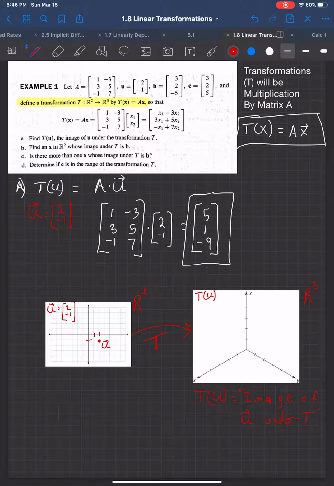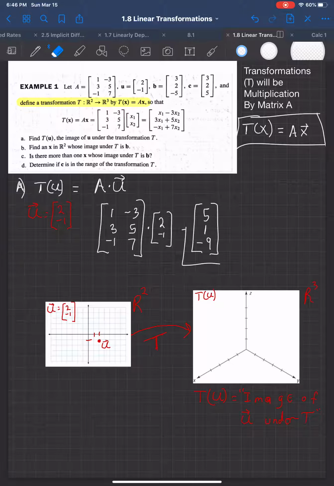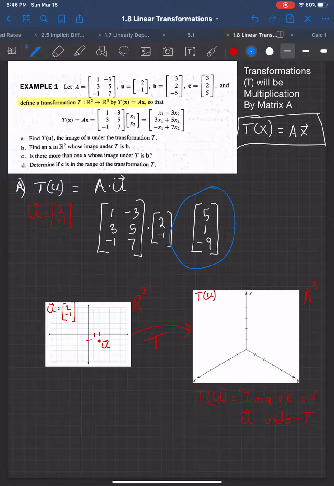So that's the image of U under that transformation of T. Okay, so we're done. Now, if you take a look down below at the geometry of what's really happening here, vector U is just some point in two-dimensional space.